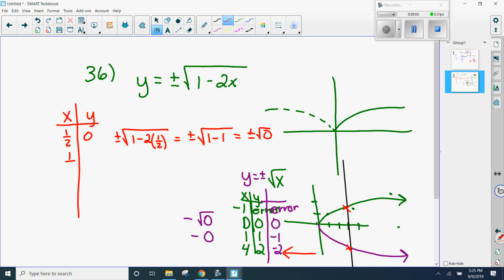Let's pick 1/4. If you pick 1/4, better yet, let's pick 1/8. If you pick 1/8, what's going to happen?